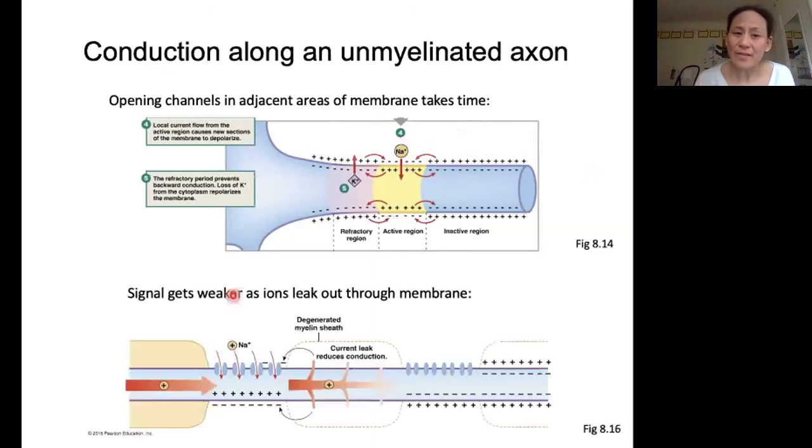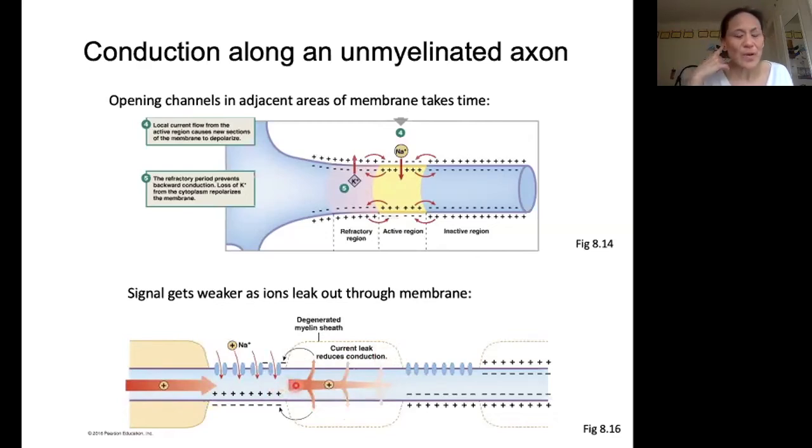Another thing that happens in axons is that as the action potential travels down, if we don't have ion channels here, if we don't have sodium channels here, some of those ions are going to leak out of the axon, and that's going to make that action potential get weaker.